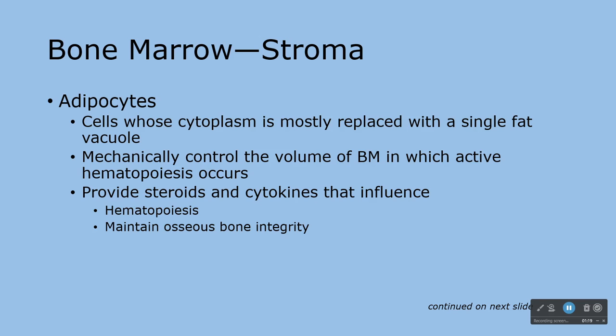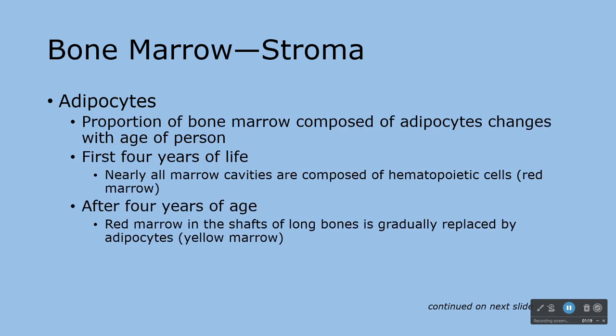Okay. All right. Y'all know what adipocytes are. Adipocytes are adipose tissue. They're cells that have a big vacuole in them that's mostly lipids. And they provide cushion. They provide support, those kind of things. And they can also help us to provide some steroids and cytokines to influence things. Okay. First 4 years of life, nearly all the marrow cavity is hematopoietic. That's what we were talking about before, okay?